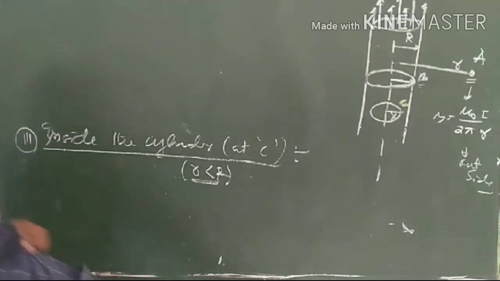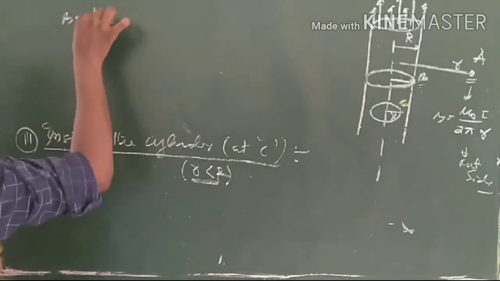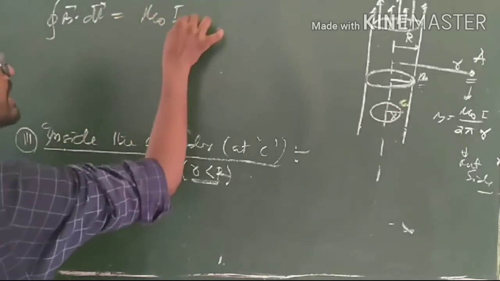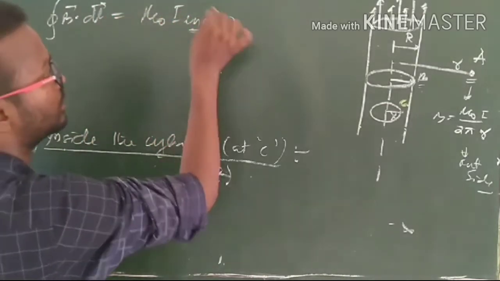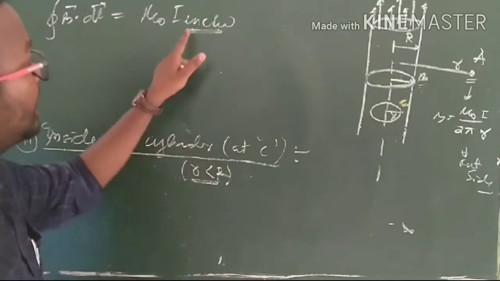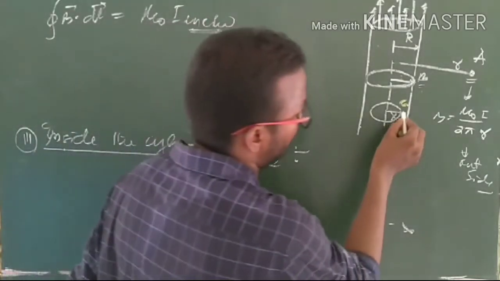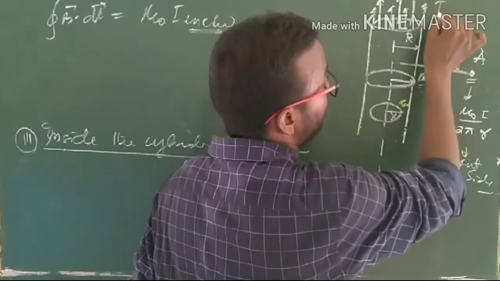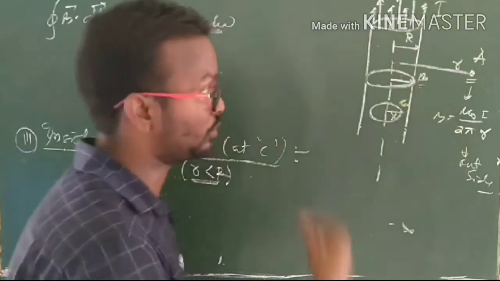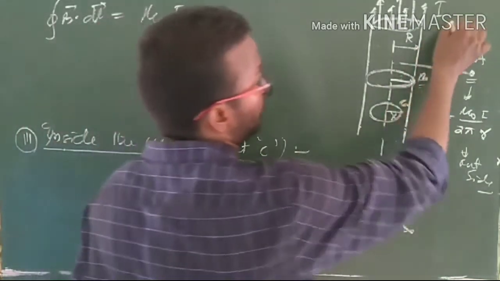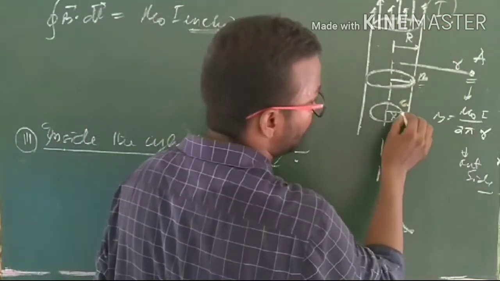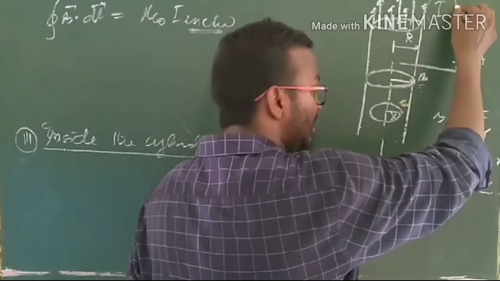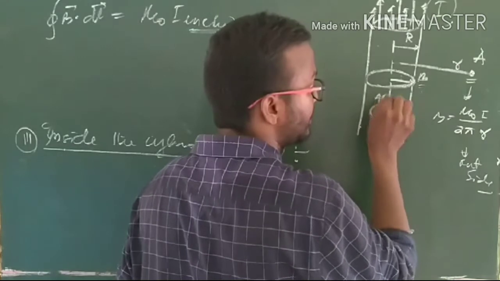Now we have to use Ampere's circuital law, that is ∮B·dl equal to μ₀ times I enclosed. What is I enclosed? I enclosed means the total current within the Amperian loop. Here the total current within the Amperian loop is not the total current I. Since point C is inside, the total current I is not flowing within this loop.